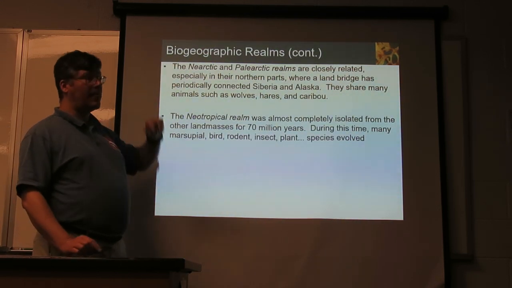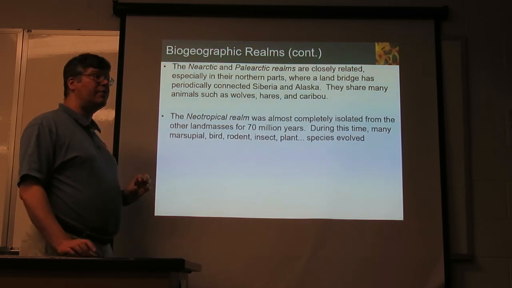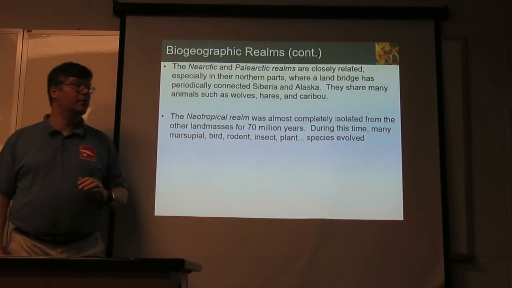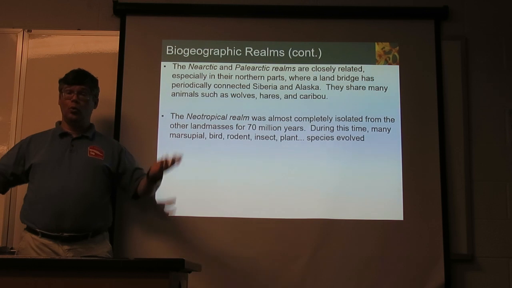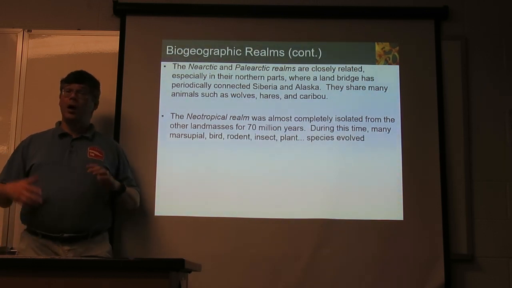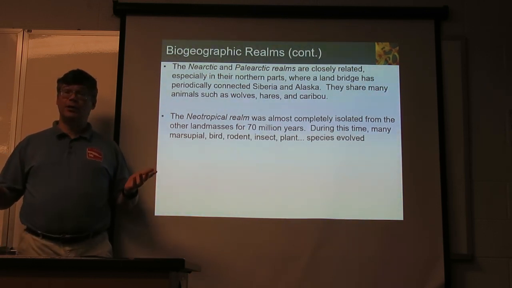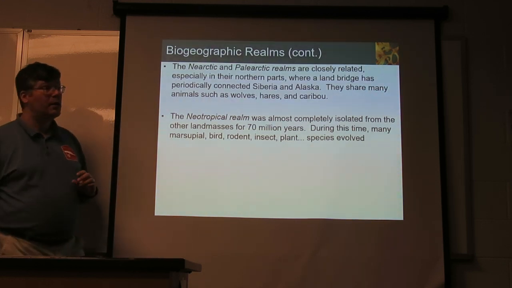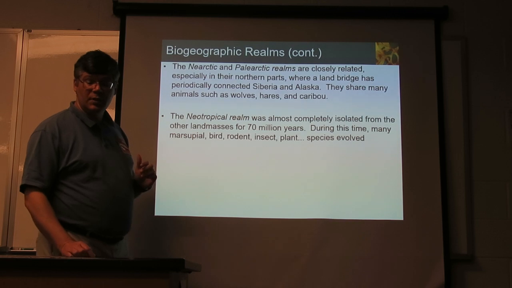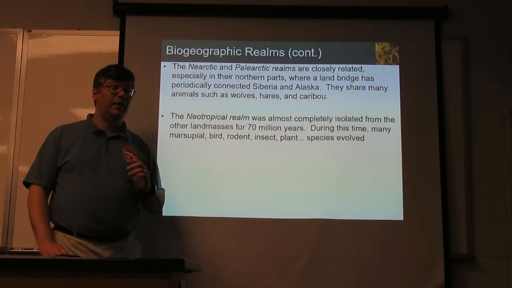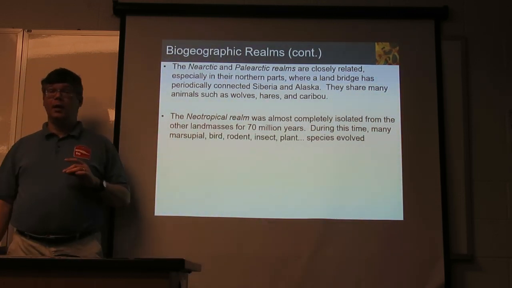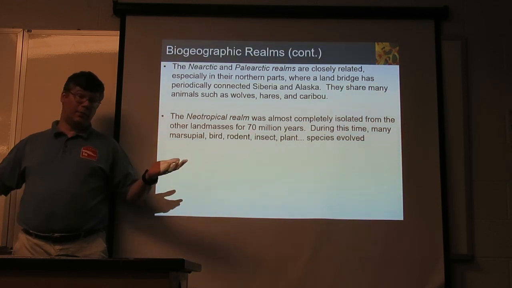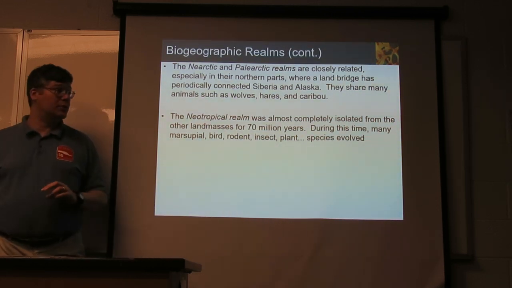Nearctic and Palearctic have a good deal of similarity. The types of things found here in temperate to cool parts of North America are typically relatively similar to those in Europe and Asia. This reflects the fact that between Alaska and Siberia has been a land bridge more often than ocean, actually, since dinosaurs were still around.